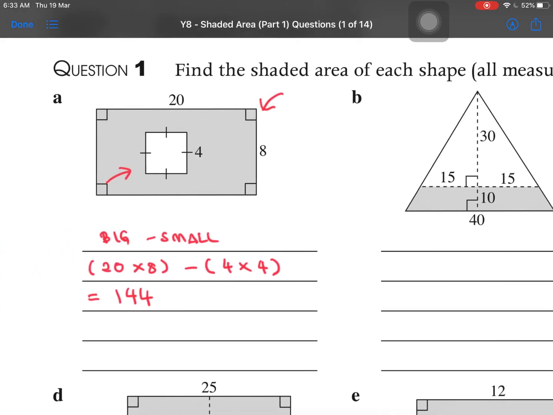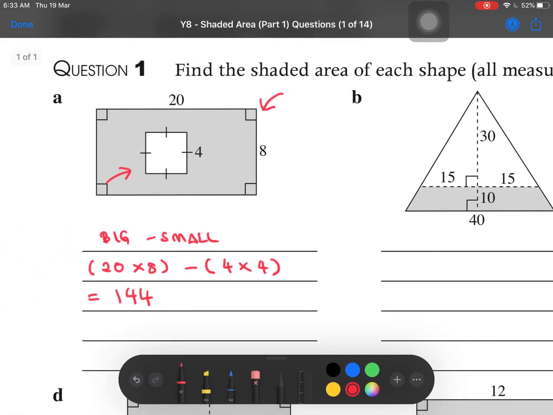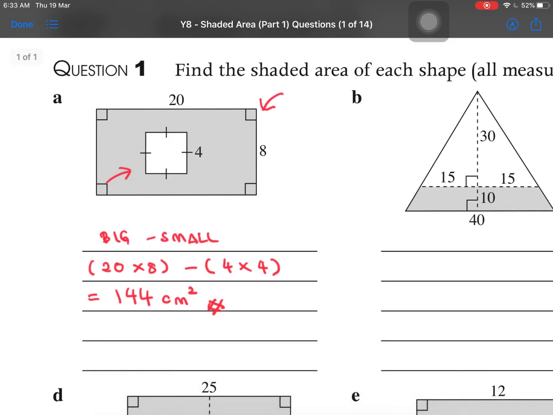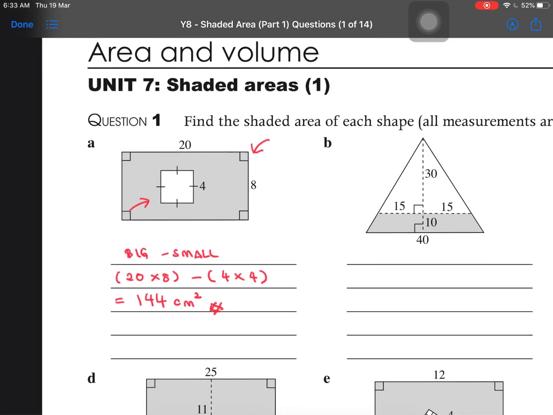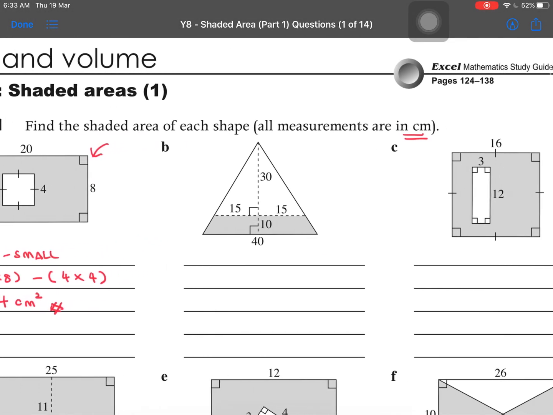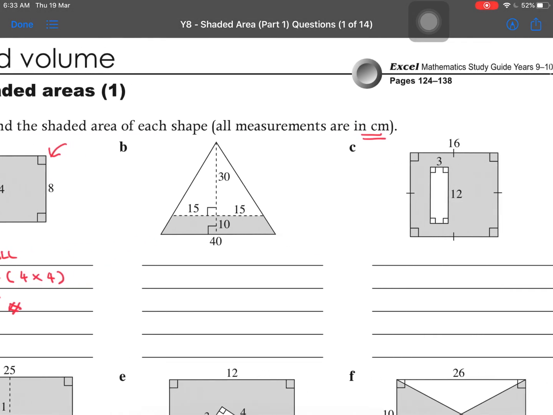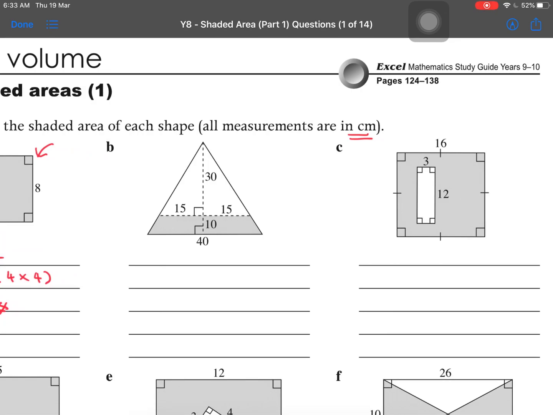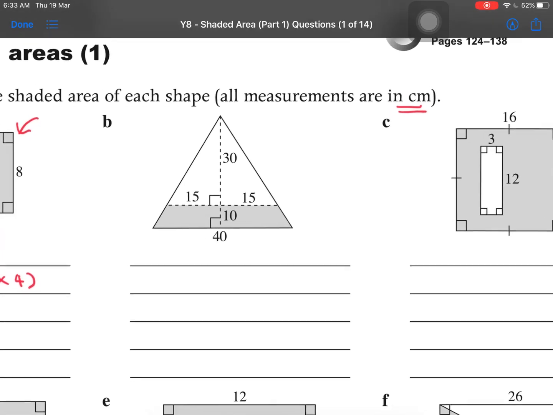That means, as for the unit, we have to provide cm squared. Done. That's how we solve question 1. Question 1a and question 1c are quite similar, so I'm not going to explain that. I'm going to go straight to question b.